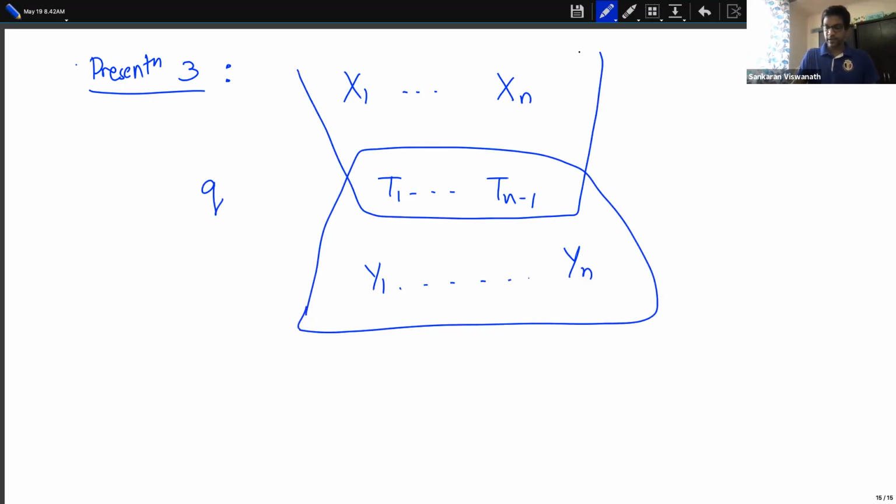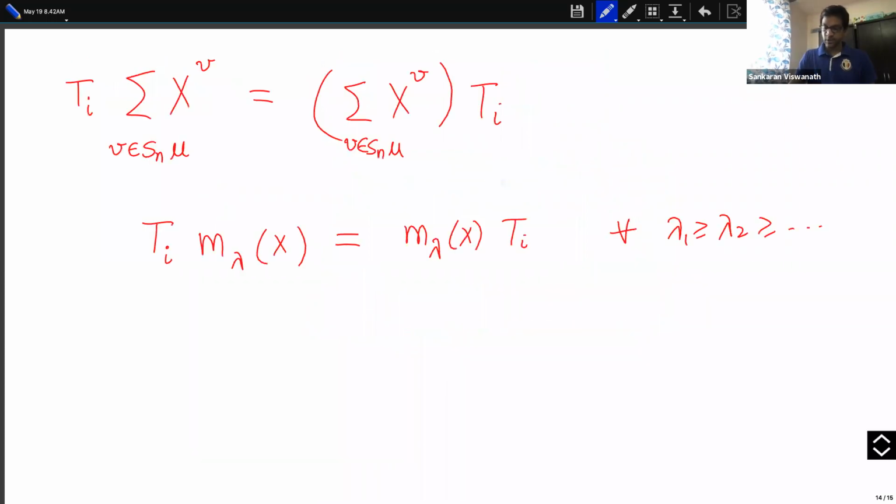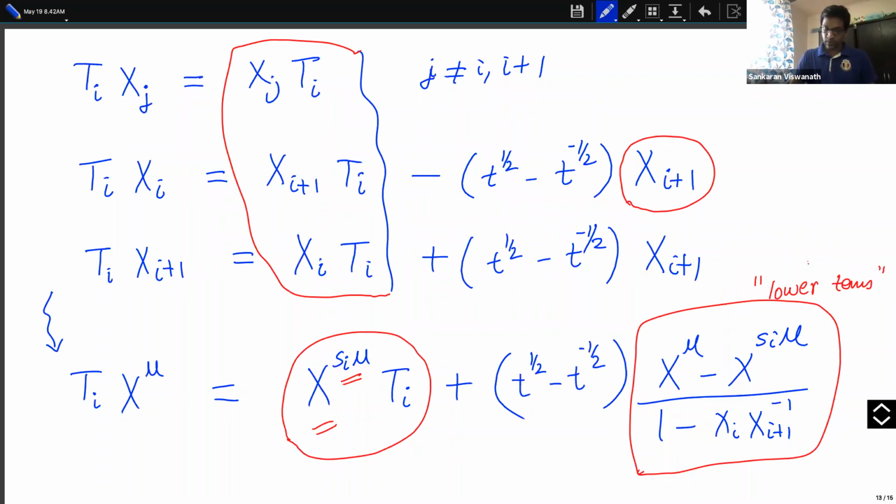This again is the affine Hecke algebra, and they are related by the involution which takes t_i to t_i inverse, x_i's to y_i's. This involves replacing the g by the t_i's, but observe that we already know something. This tells us how the t's and the x's interact.